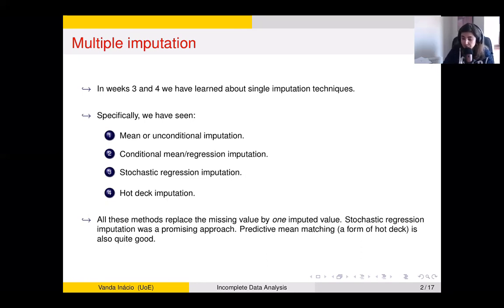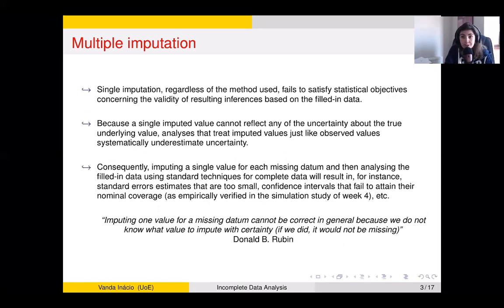But stochastic regression imputation or predictive mean matching, as good as they are, suffered from the problem that we have learned them as single imputation methods. And we know that even the best methods, as stochastic regression imputation, which we have studied in detail, suffered from the fact that the resulting statistical inferences were not valid.